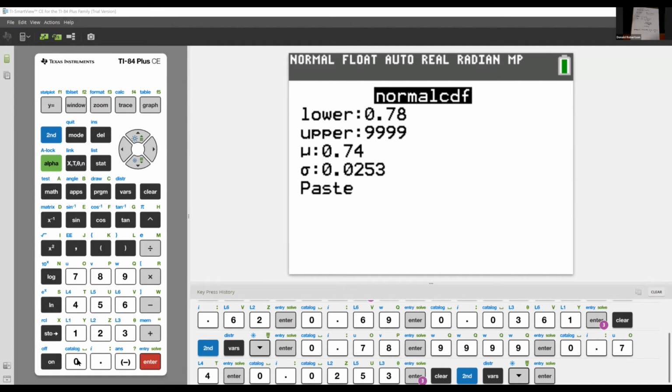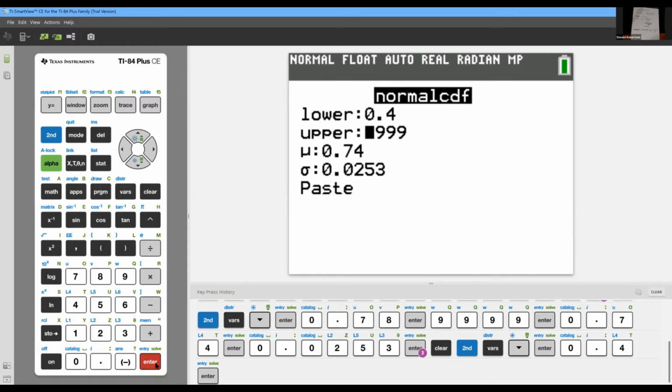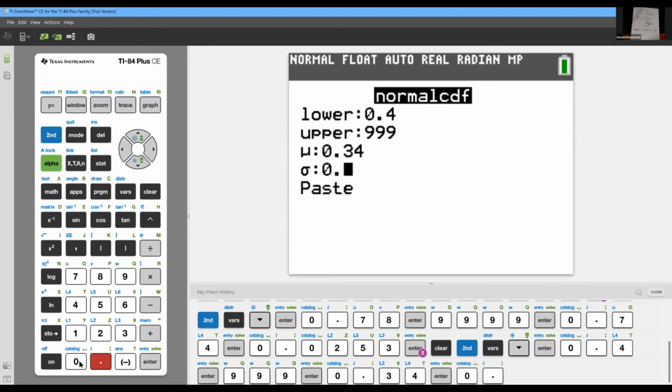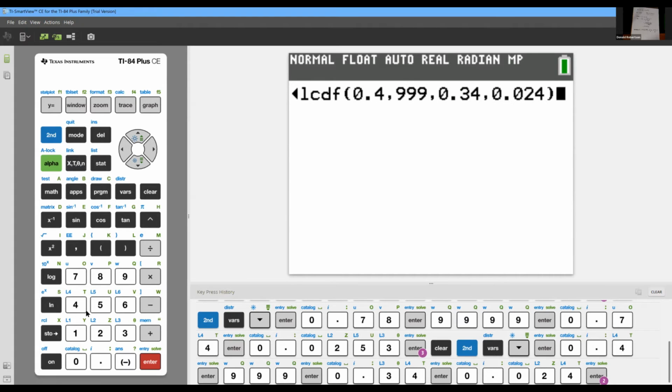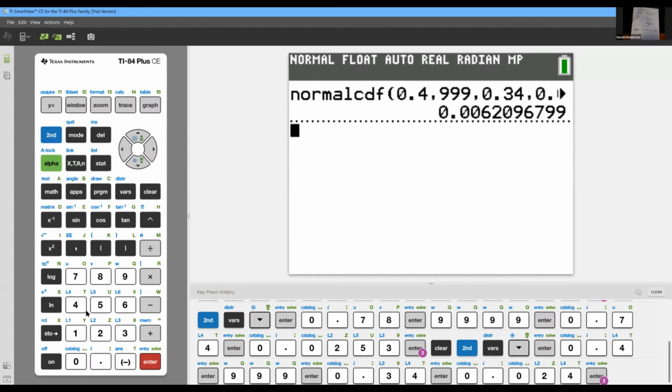So it's 0.4 or bigger, a mean of 0.34, and a standard deviation called the standard error of 0.024. And then we get 0.006.